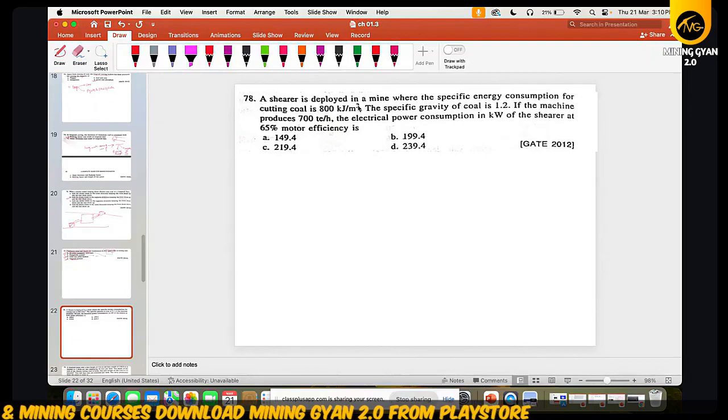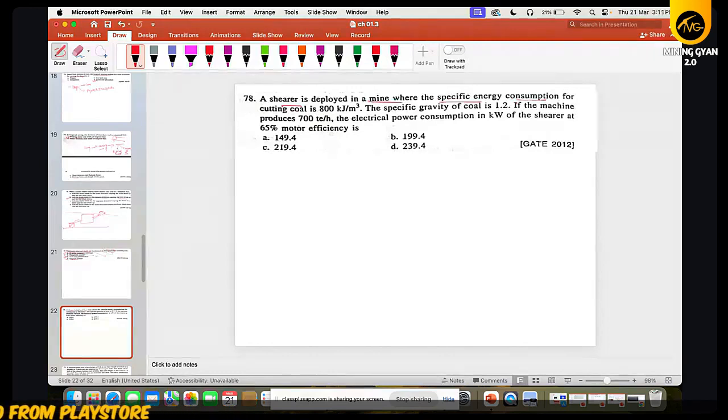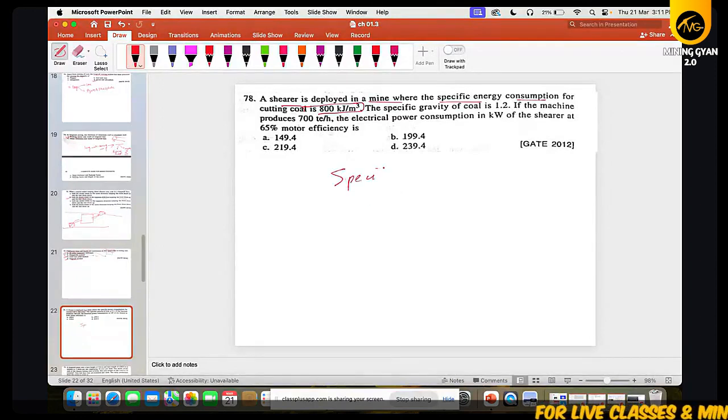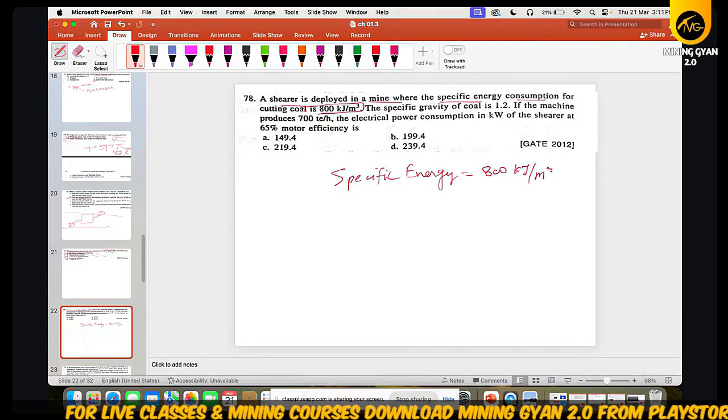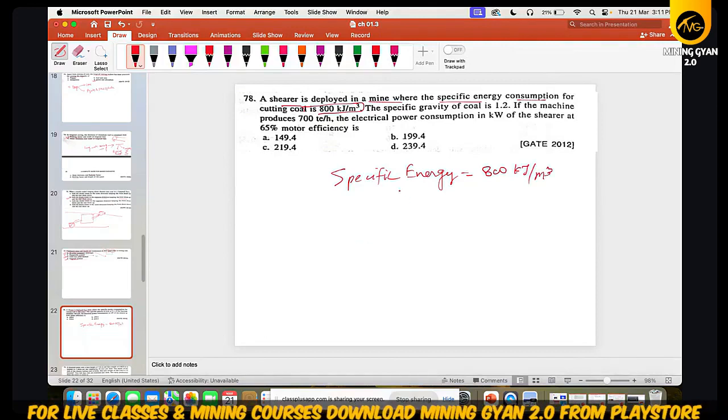Okay, now come to the numerical. He has given us a shearer, and in the mining the specific energy consumption for cutting is 800 kilojoule per meter cube. And the specific gravity of coal we have to take is 1.2.